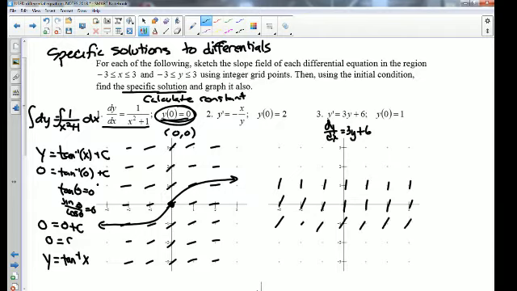So all these slope fields we've given you so far have been just in terms of one variable. What if y is negative 2? 0. What if y is negative 3? Negative 3. All right, I think that's enough.